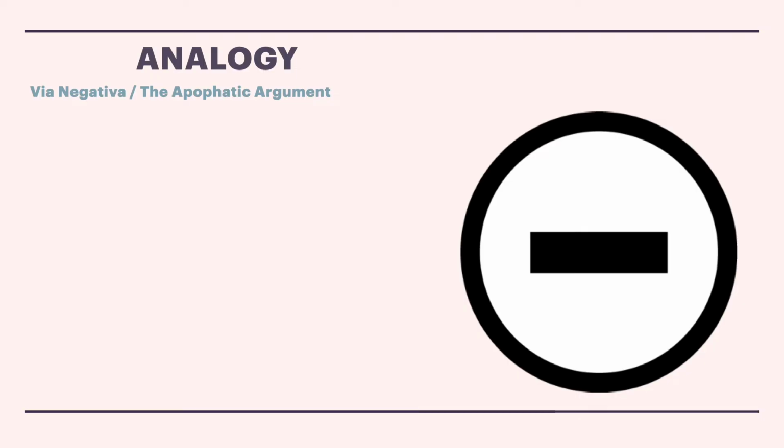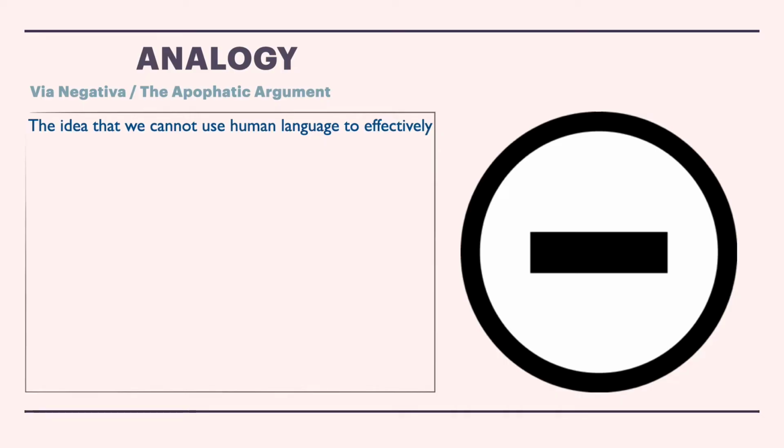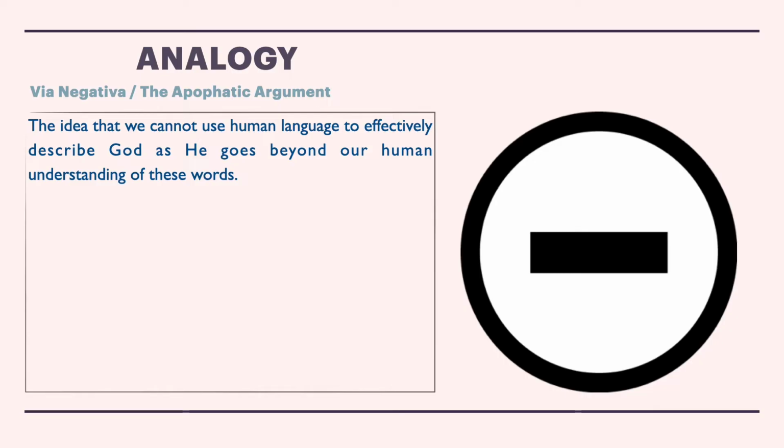Regardless, this is the concept, the idea that we cannot use human language to effectively describe God as he goes beyond our human understanding of the words that we use. So instead of speaking positively about God, the via positiva, instead of speaking about what God is, we should speak about what God is not.